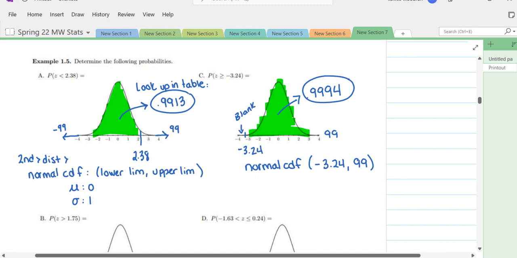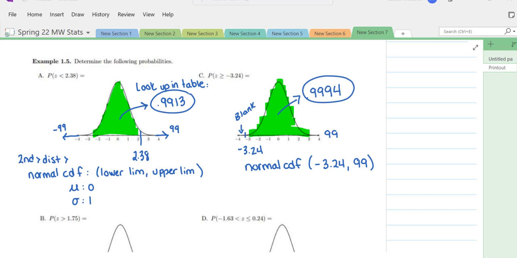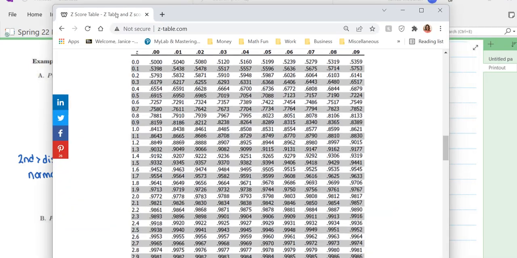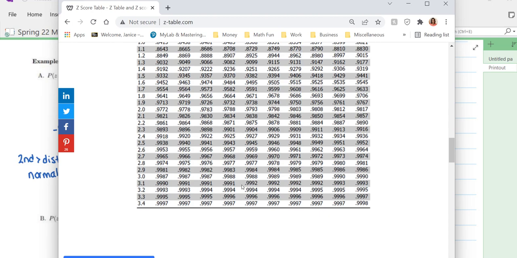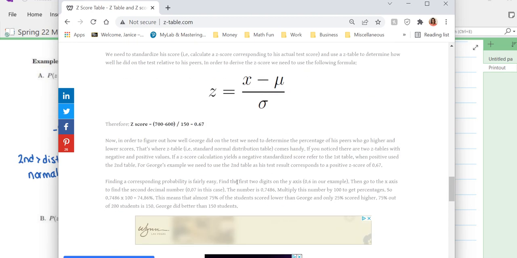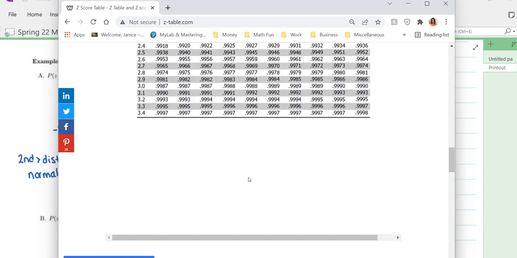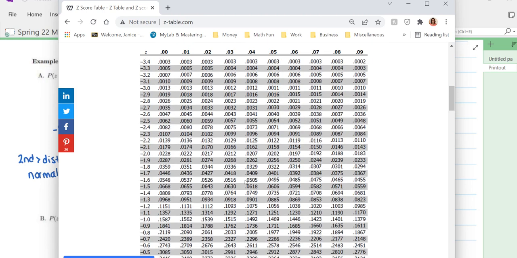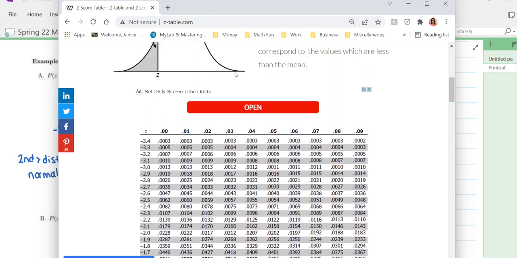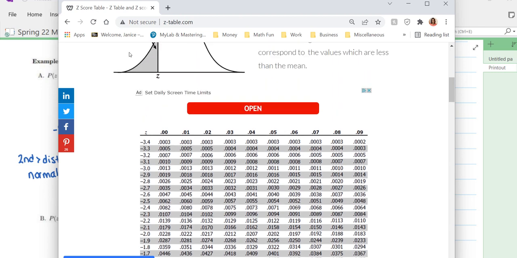Now how do you find this in the table? So let's say you're using the table for this one. Okay, so you have negative 3.24. So go to the negative table, which is up here. So negative 3.2 and negative 3.24 is 0.0006. But remember, the table gives you the area to the left of the curve.